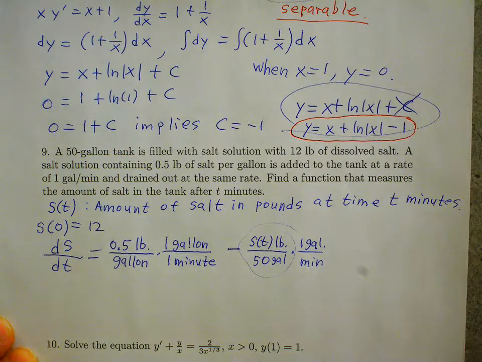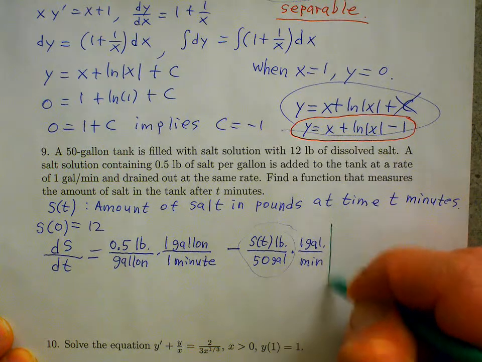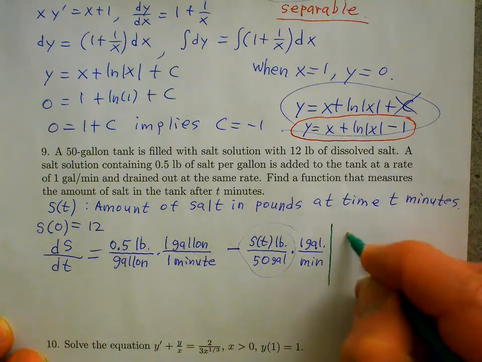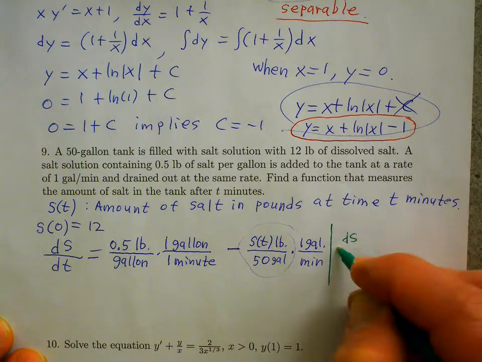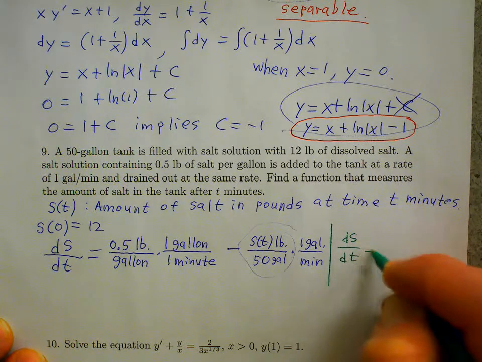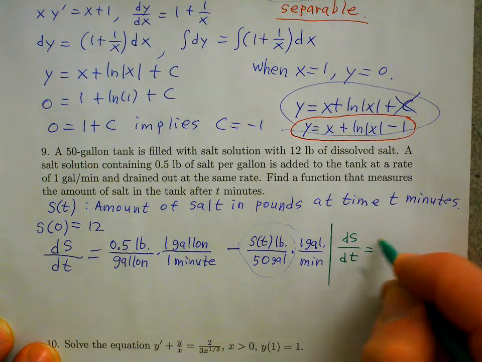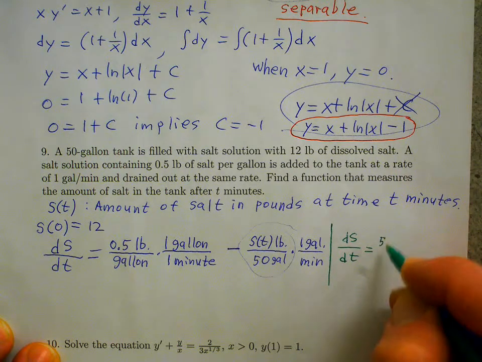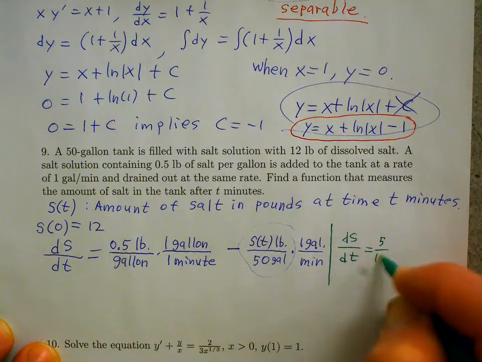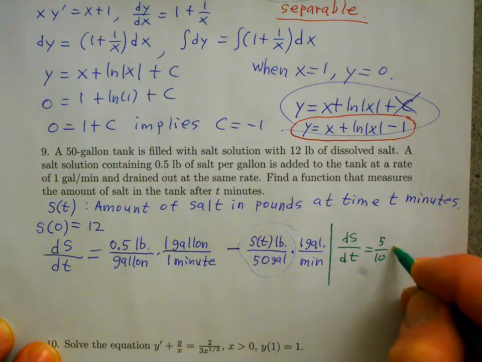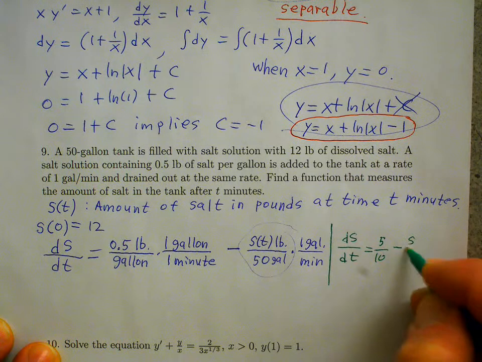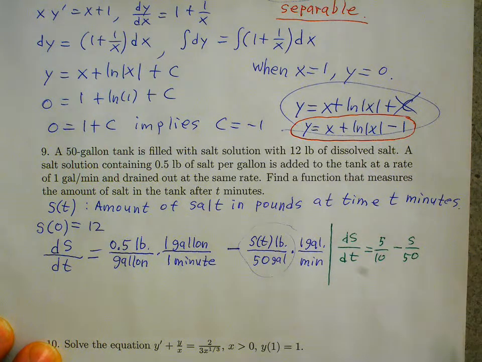Okay, so if we ignore the units, then we can write ds dt equals 0.5. I'm going to write that as 5/10 for now, and then minus S over 50. And then a common denominator is 50.